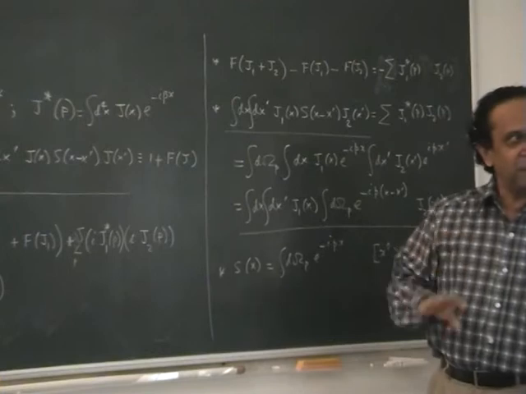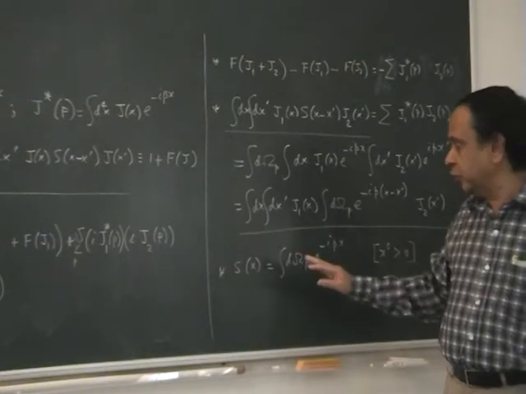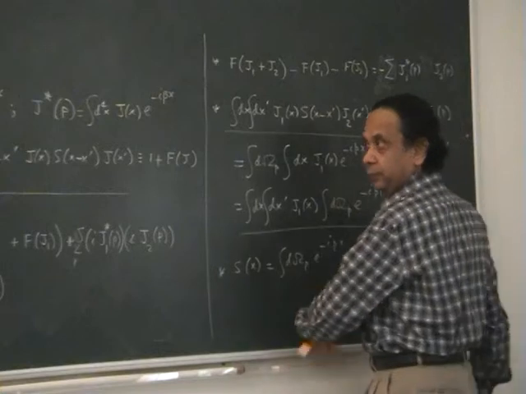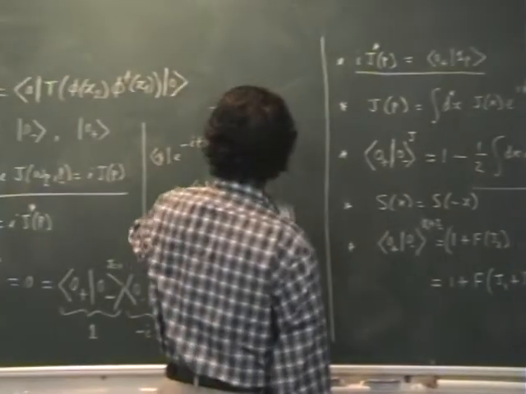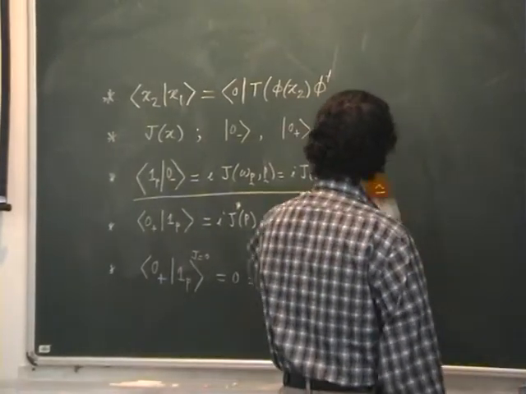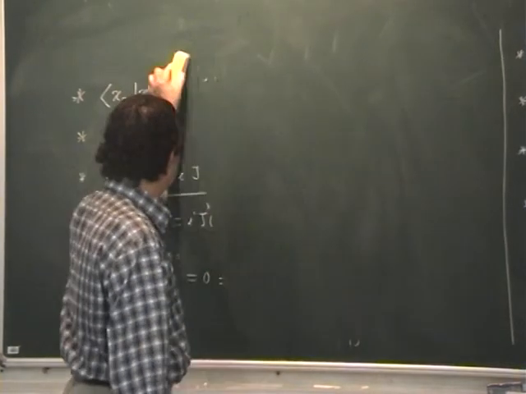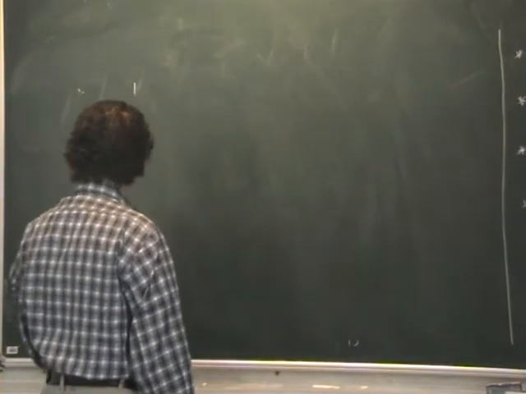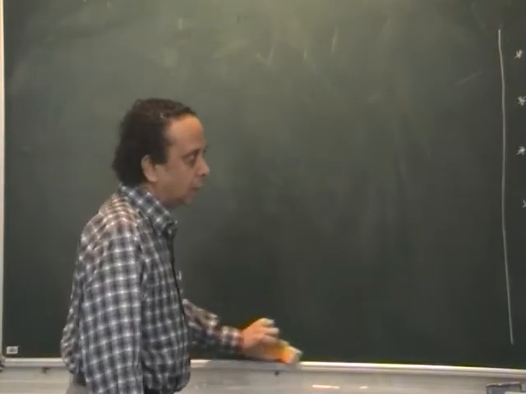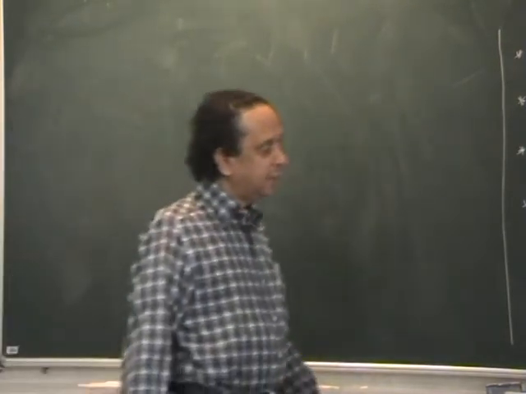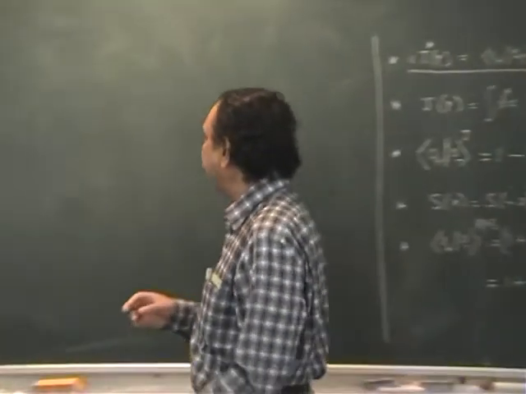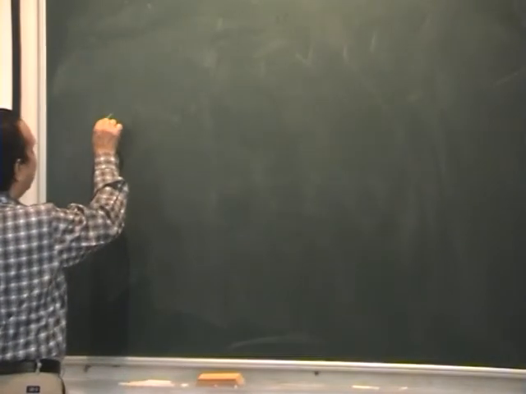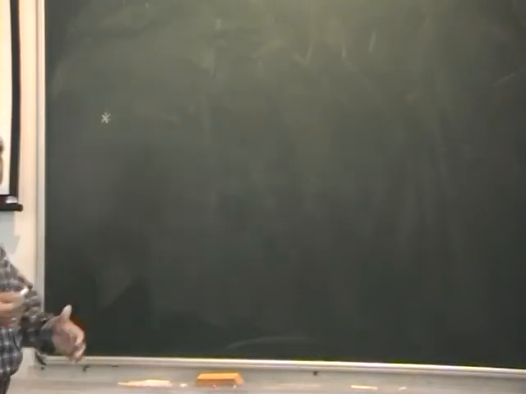This of course is our old friend. We are almost there, but we need to know what it is for x naught less than 0. Okay? That I can do by using the symmetry of S. When the argument x naught here is positive, I know what the value is. I also know S is symmetric. So I want to know what S is going to be for negative values of t, which is x naught.